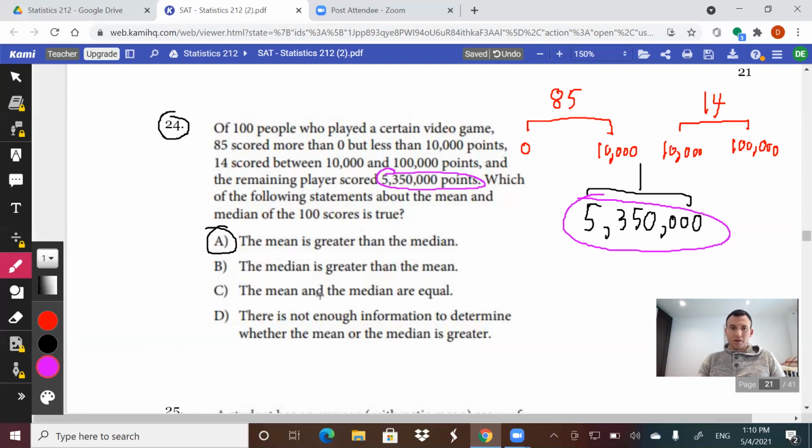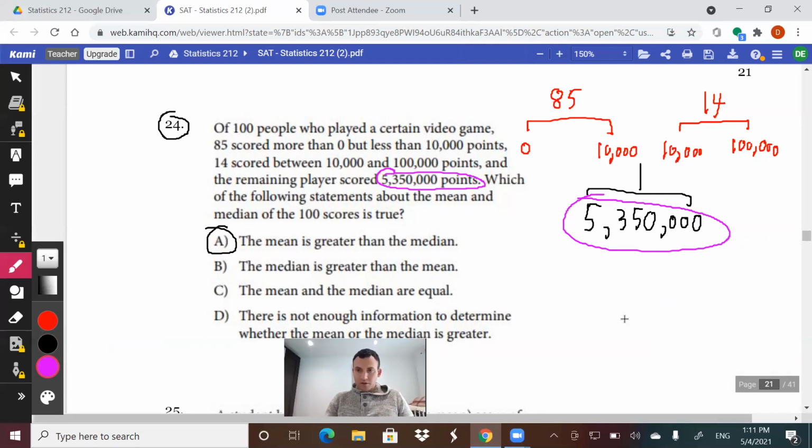If that doesn't make sense conceptually, here's a way to try it. Take a data set where you have, let's say, 1, 3, and 5. In this one, our mean and median are the same. They're both 3. If you add these up, you get 9. Divide by 3, you get 3. Okay. Now, throw in another number like 100.